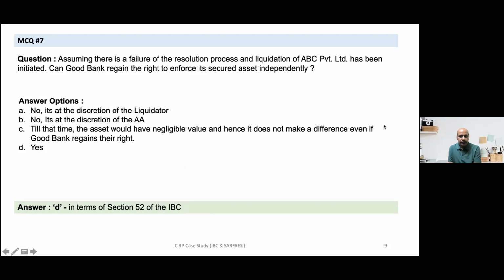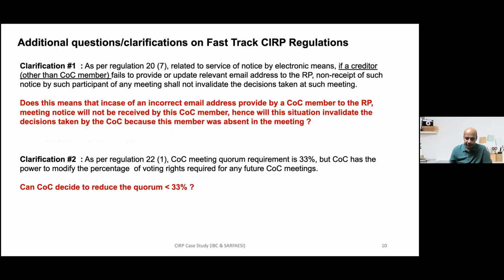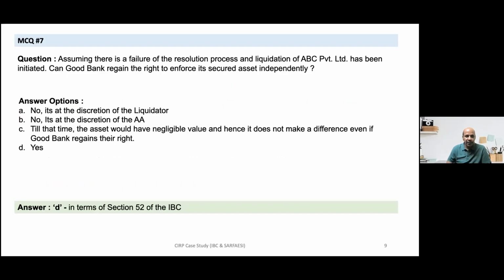Okay, anybody having any other question before I move to the next slide? So I think largely the case study is done, but I have added a couple of more clarifications related to the fast track process. In case anybody wants to revisit any specific question, we can discuss that before I move to the next section where the focus is on the fast track process.